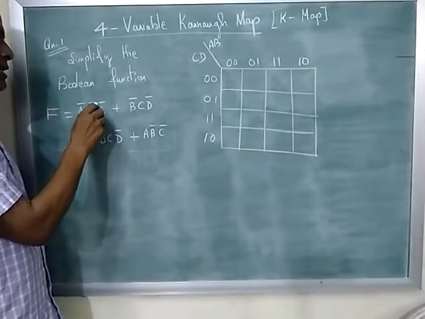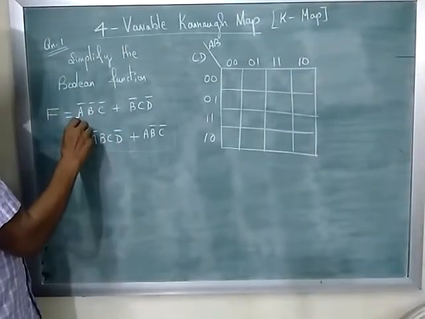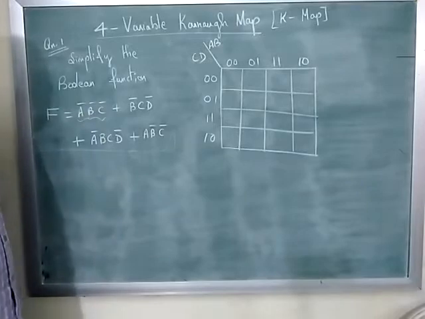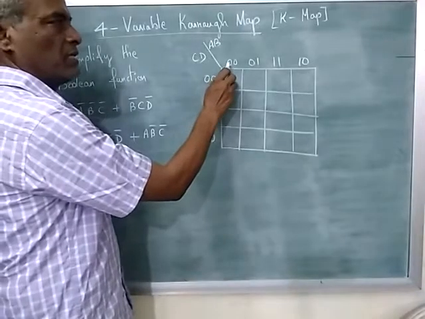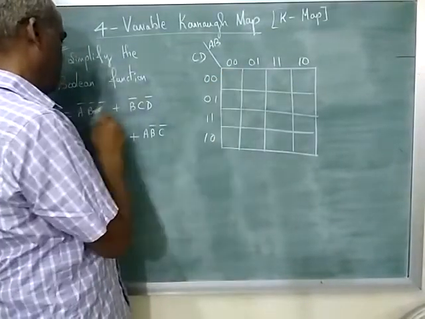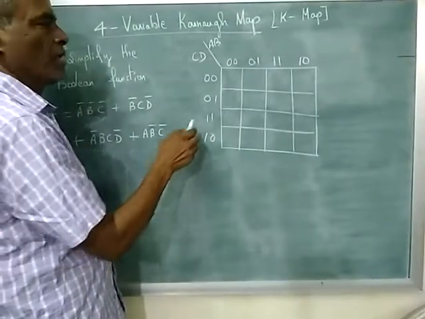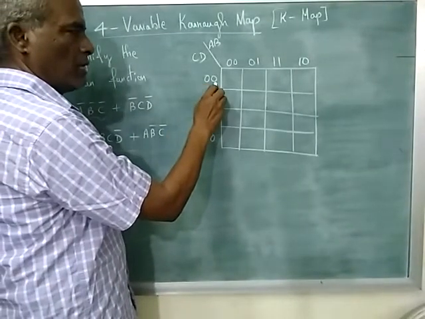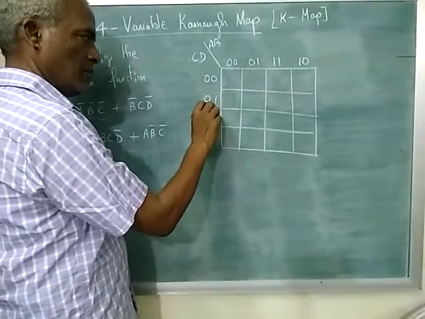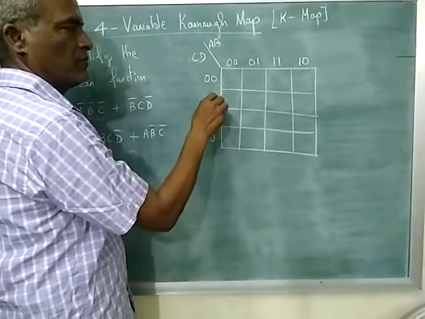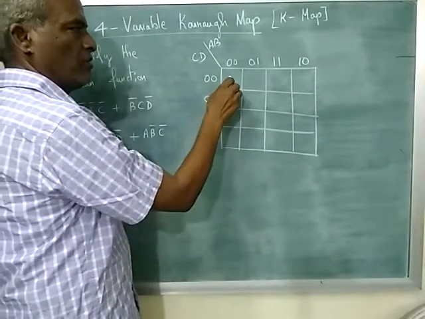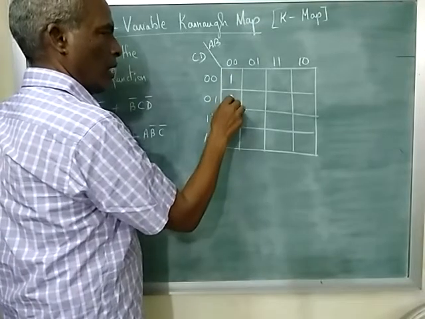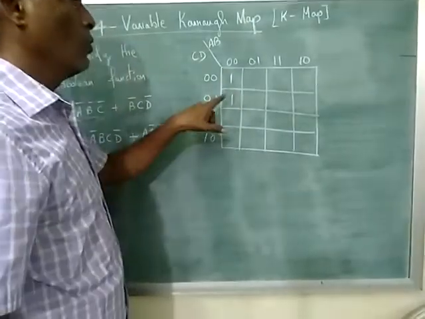A bar, B bar, C bar. So we have 3 variables. Now if you carefully see, this is A bar, B bar, so we need A bar, B bar. And here, C bar D bar, C bar D. So this is varying. If you put 1 and 1 here, what is the value?